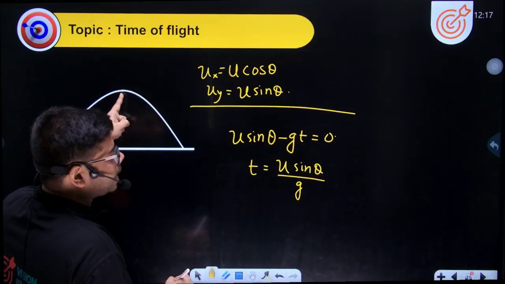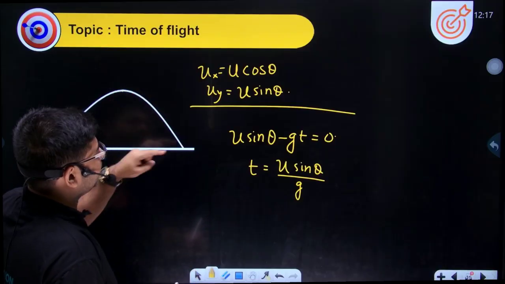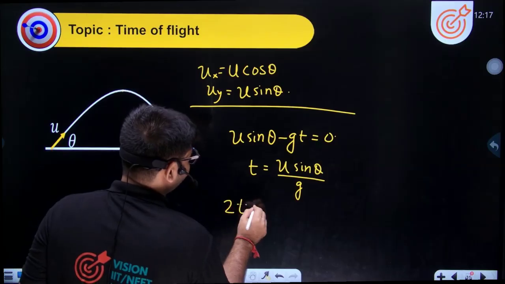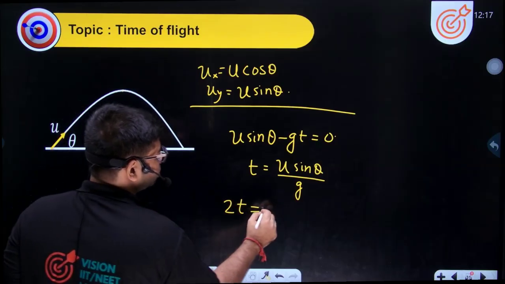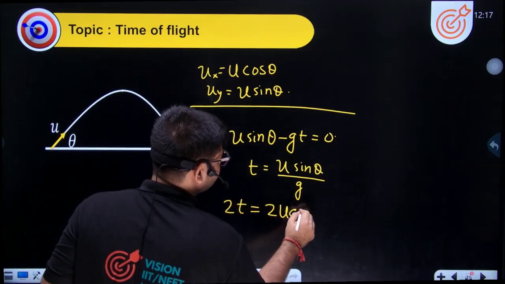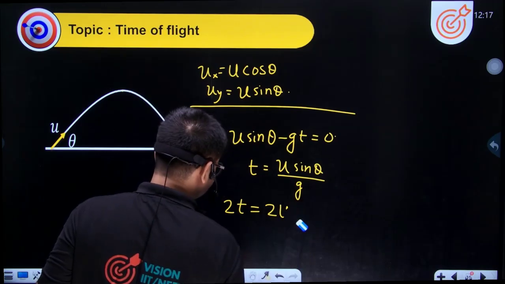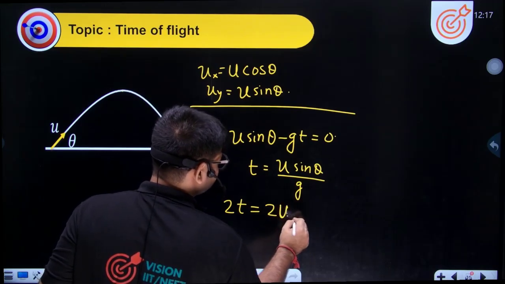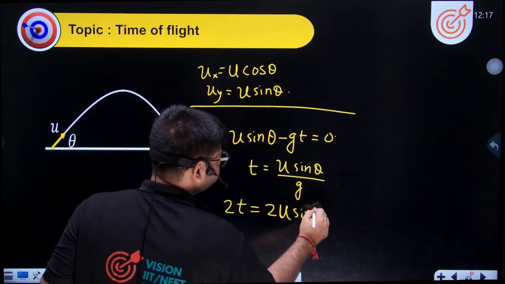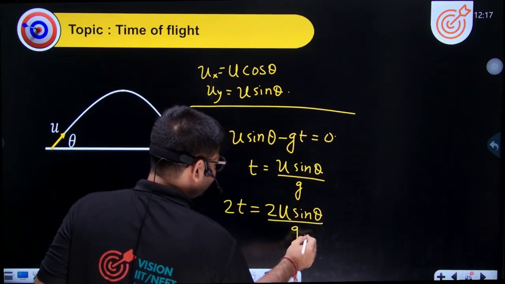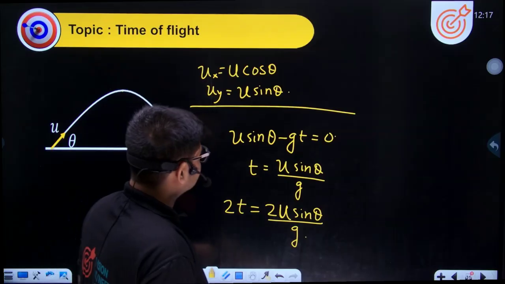and the time of flight is going to be the total, means यहाँ से यहाँ तक पहुँचने के लिए और यहाँ से यहाँ बैक करने के लिए. So time of flight is nothing but 2t, which is 2u sin theta by g. This is my time of flight. Okay.